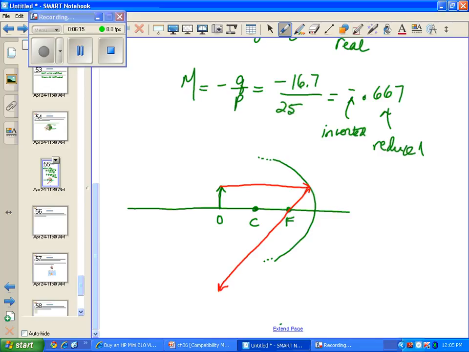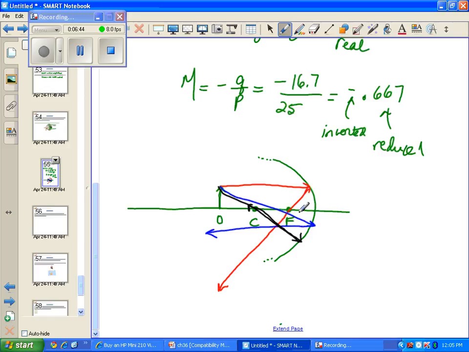Second principal ray, let's do this in blue, passes through the focus and reflects parallel to the principal axis. Third principal ray passes through the center and reflects back through the center.